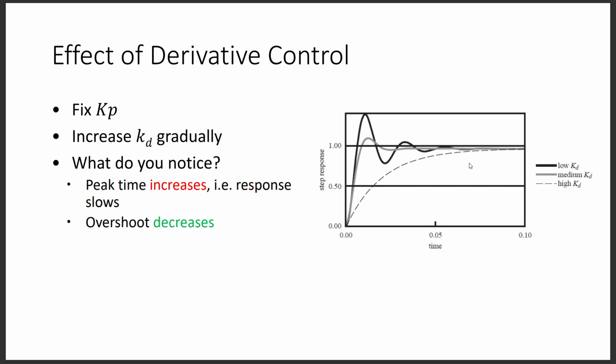Okay, so as we talked, the effect of derivative control is that it decreases overshoot, which is what we want, and it increases the peak time, which means that this is high KD, and this is not the response we want. It slows down the response. We want a faster response.